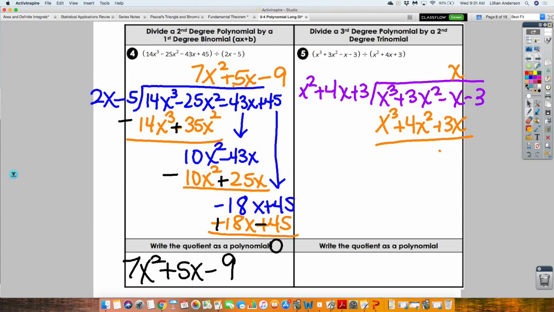What do I need to do? Change the sign of every single one. So the x to the thirds cancel out. But then 3x squared minus 4x squared is a negative x squared. Negative x minus 3x. And then I bring down the negative 3.